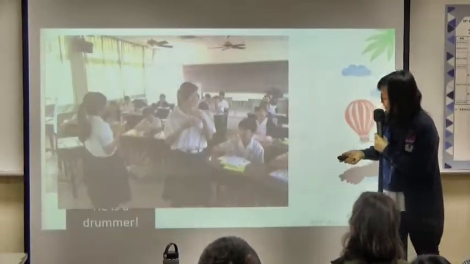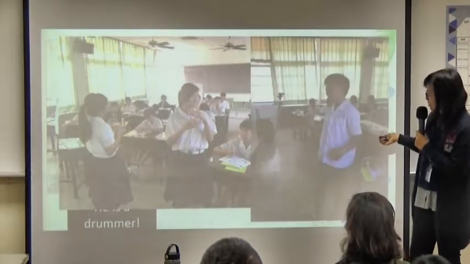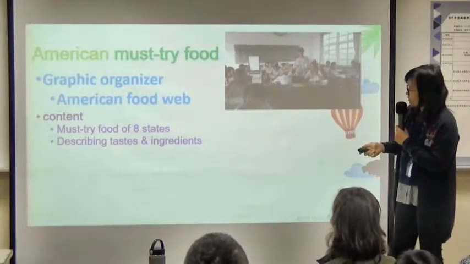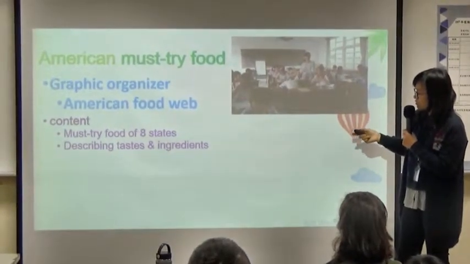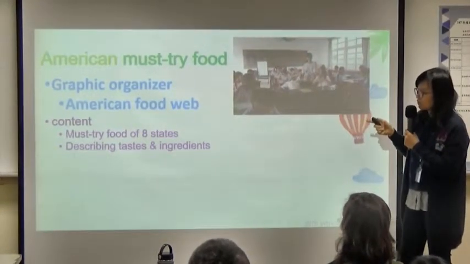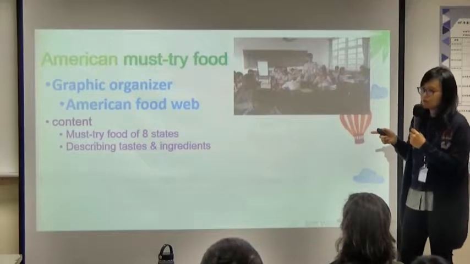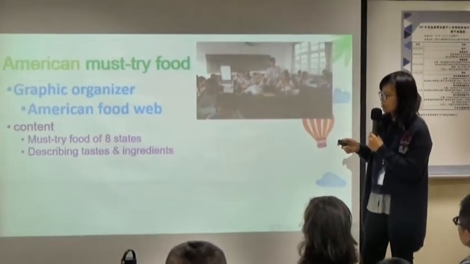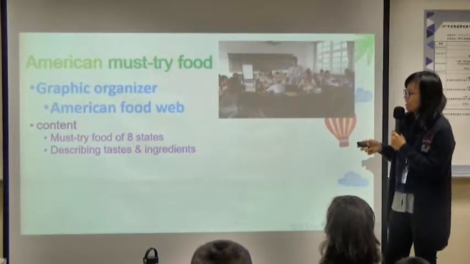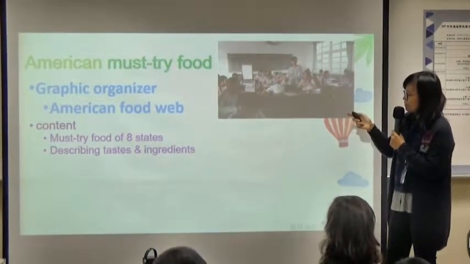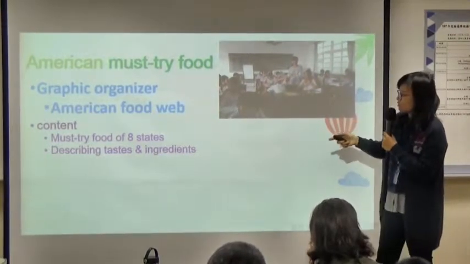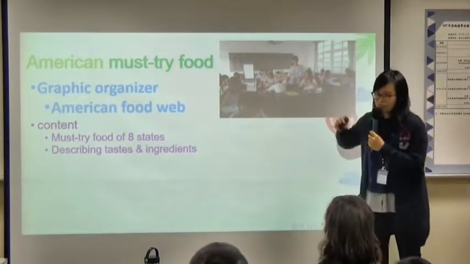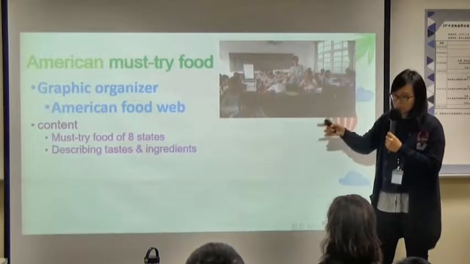Okay, and so these are the pictures. They are playing the charade. Okay, and the next one we're introducing American food, and this is a very popular topic for students because they like to eat. Yes, and for this part, we related our content to the 8 states we learned in the geography lesson.